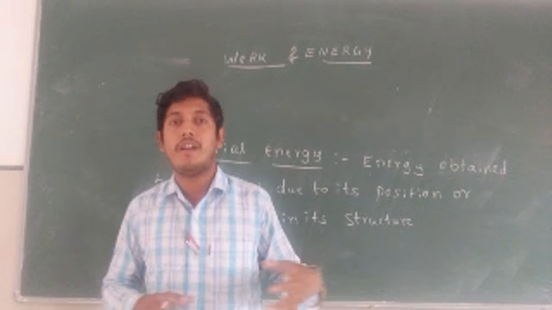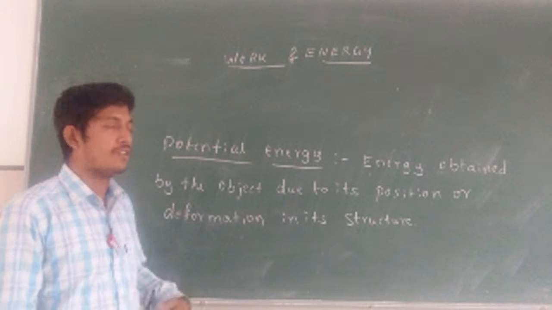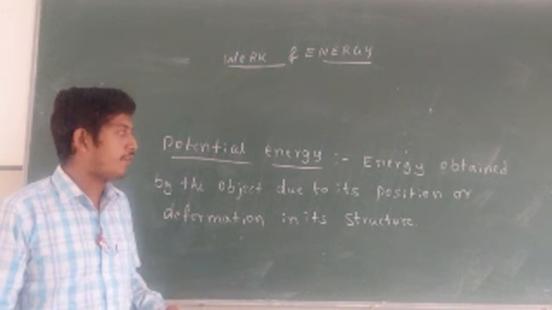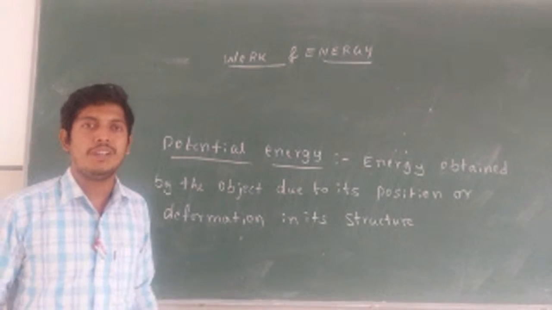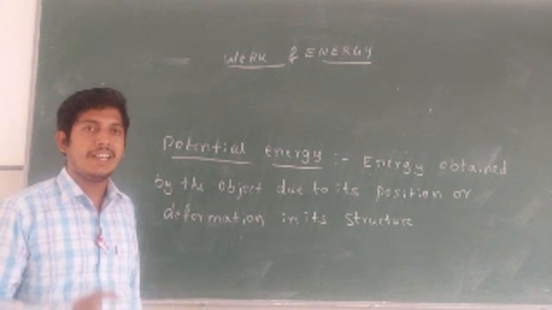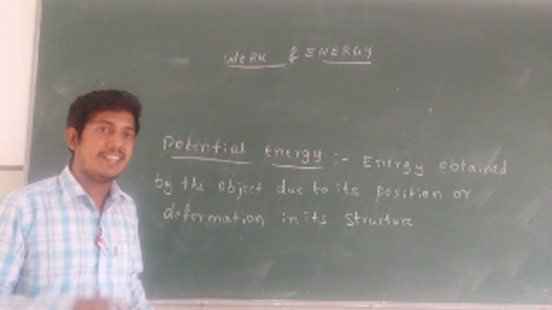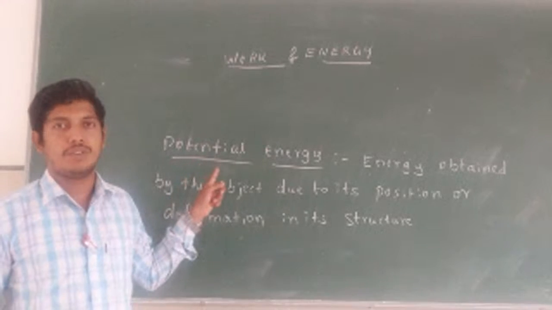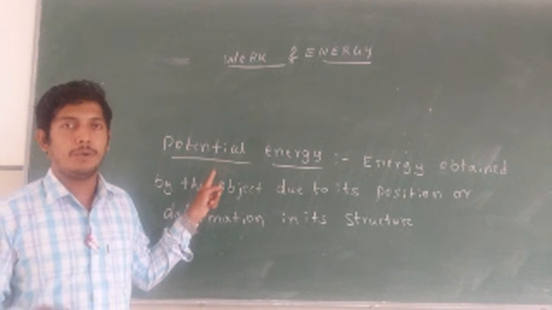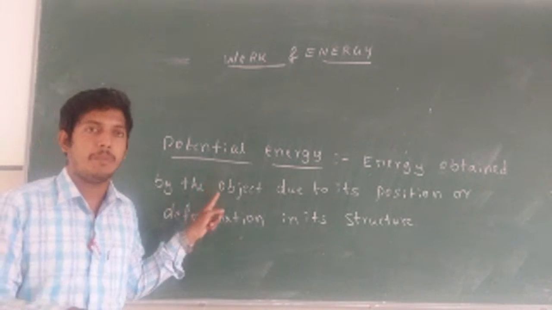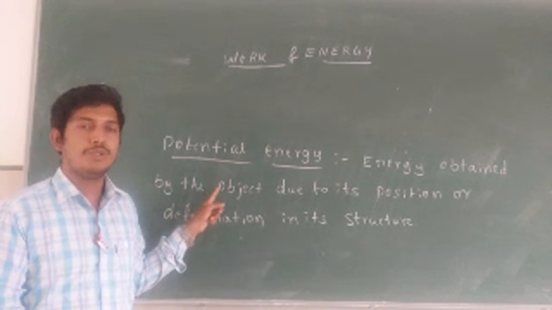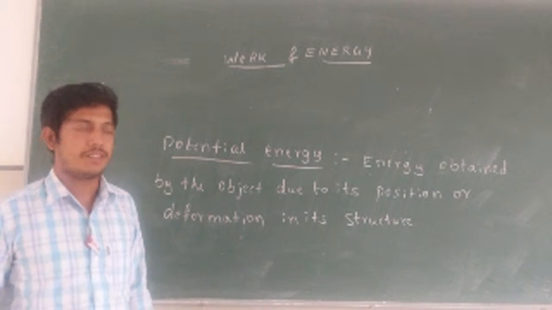That is rarefaction, which is also a change in the structure of the object. So because of position or because of deformation in structure, the object gains a certain kind of energy, and that energy is considered as potential energy. Therefore the potential energy is energy obtained by the object due to its position or deformation in its structure.